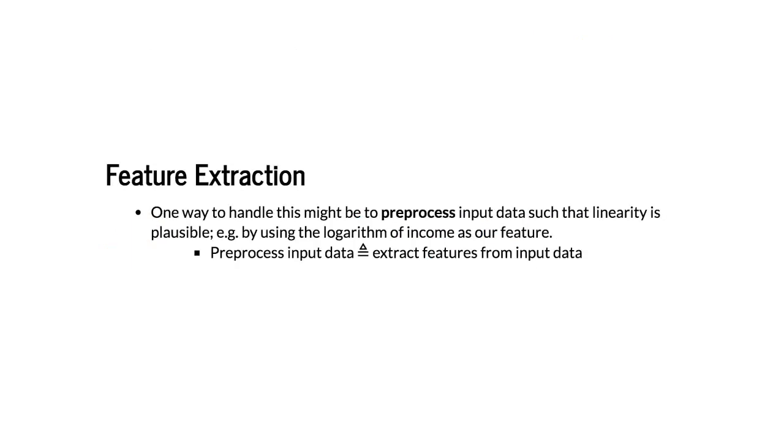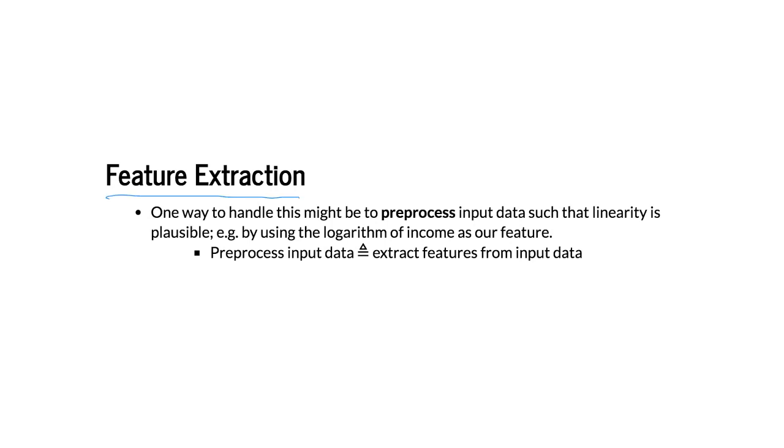So what can we do to fix this? How can we go beyond linear models? The first thing that people have tried for a long time, and which is still heavily used, for example quite a lot in medical applications, is called feature extraction.